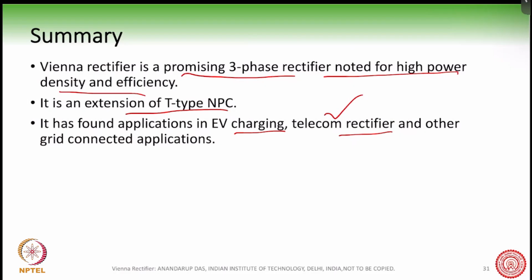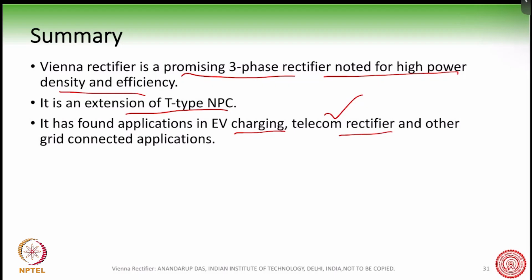It's true that for any application there are different types of converters available, but it will depend on what the voltage level is, what the power level is, and what our targeted efficiency and size are. And of course, probably the most important thing is the cost of the converter. So all these factors will lead us to one converter out of many possible choices.